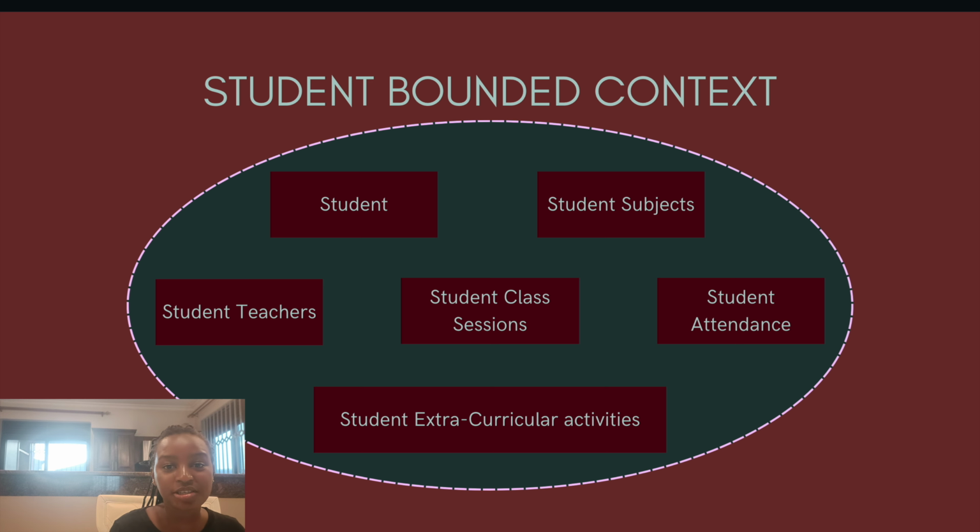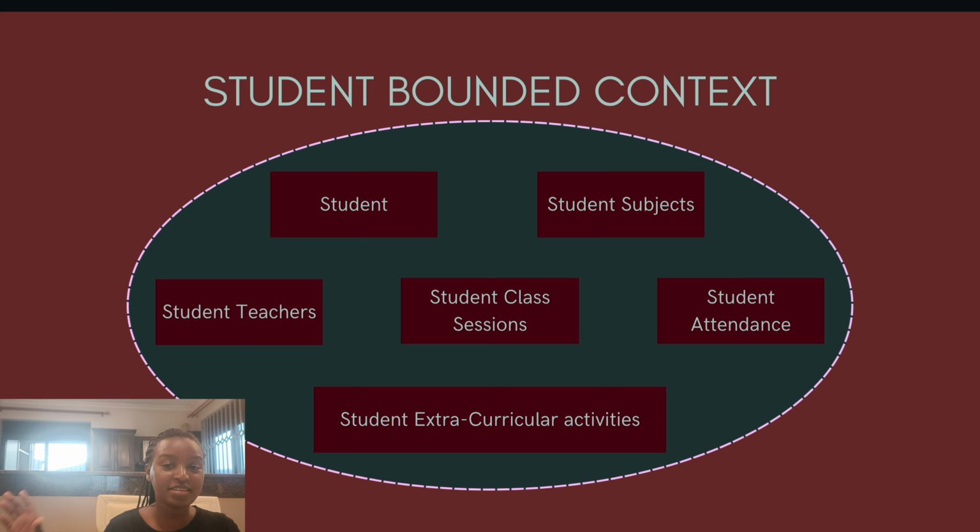For instance, when you're talking about a school management system, a student bounded context could have student subjects, student teachers, student class sessions, student attendance, student extracurricular activities. All these things pertain to a student, and they all go to the student bounded context.